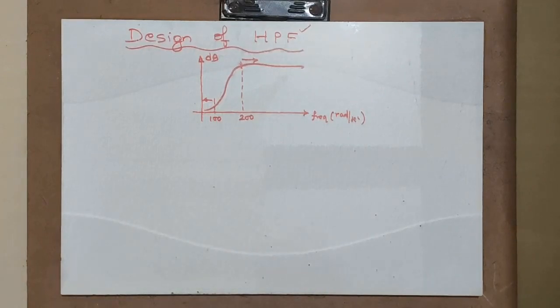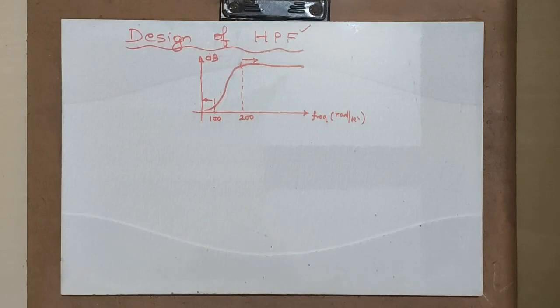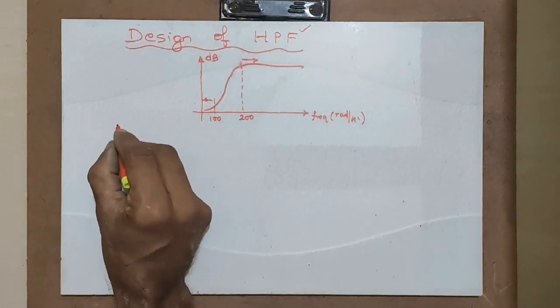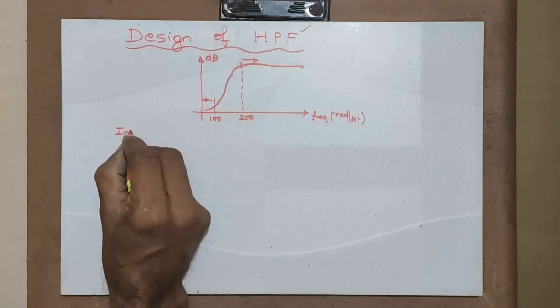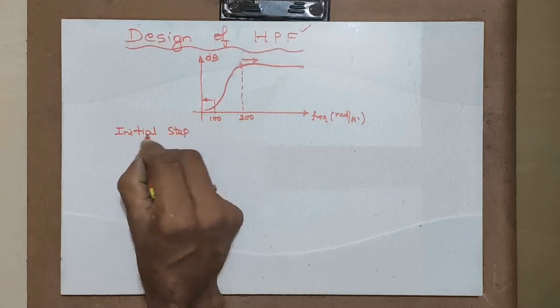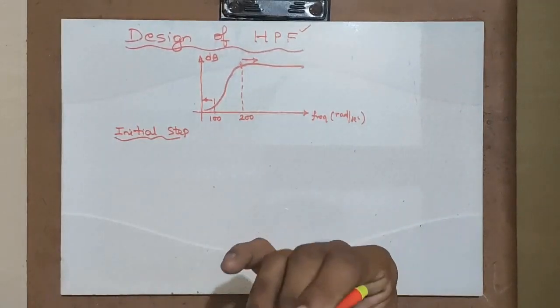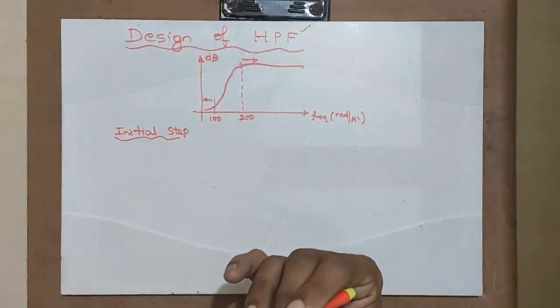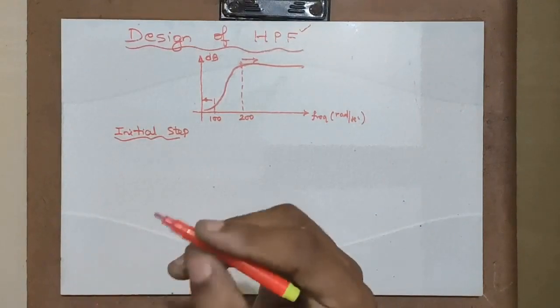So as to do this design with frequency transformation, we need to do a first step, which is backward substitution, what we call, or the initial step. Whatever design is given to you, you find the corresponding low pass filter data.